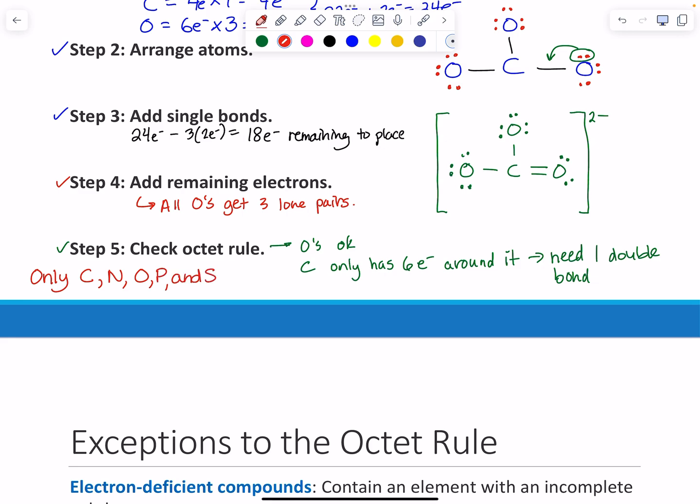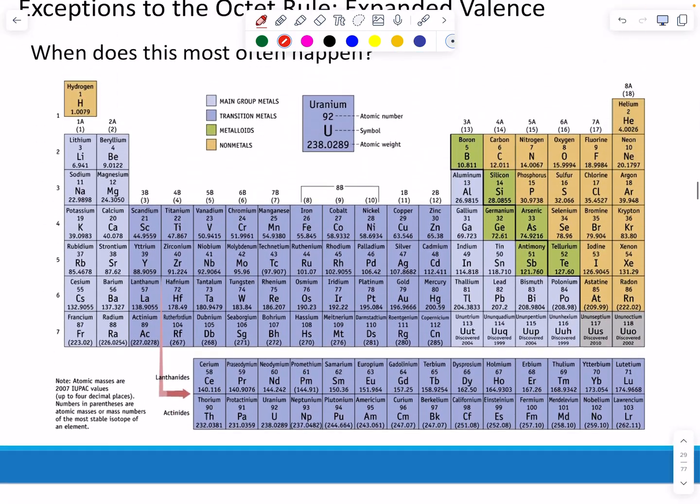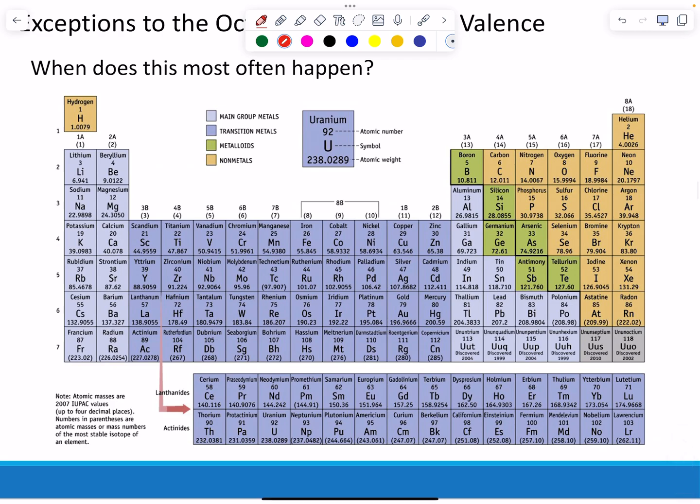They line up in a row, with the phosphorus and sulfur right underneath the nitrogen and oxygen. If we're looking at the periodic table, these guys right here can form double bonds.